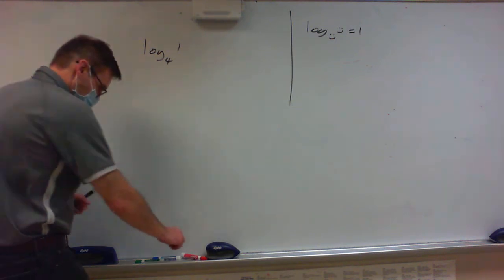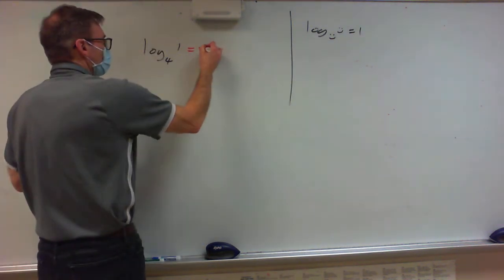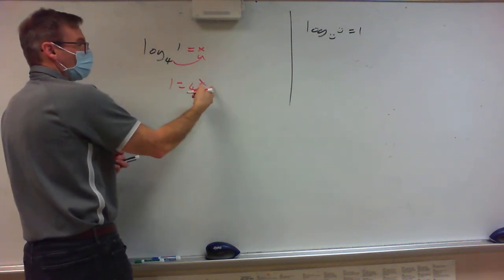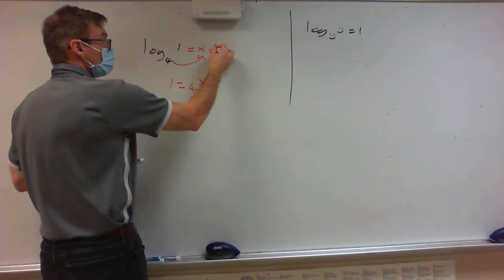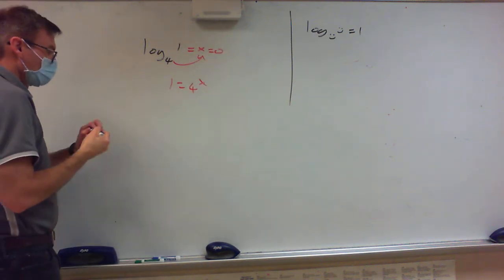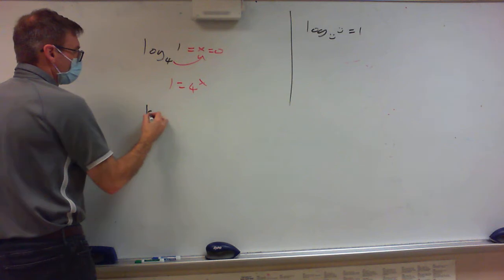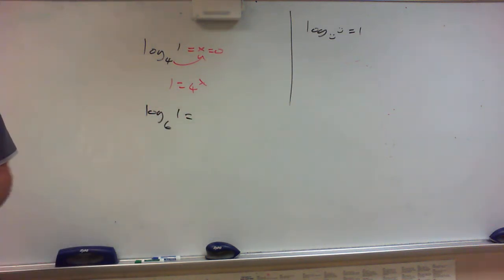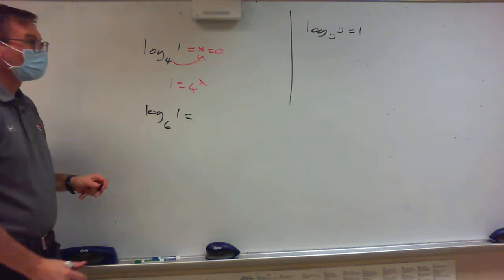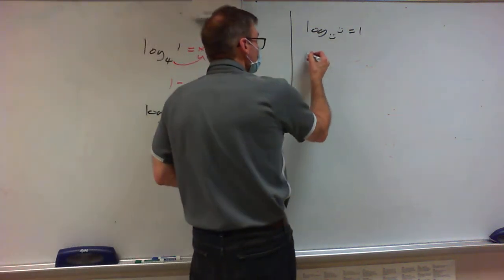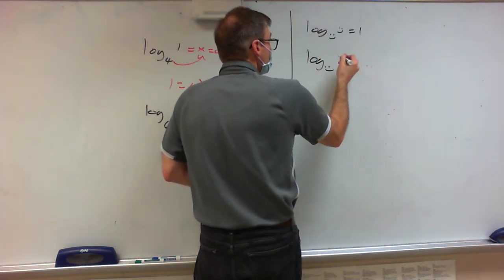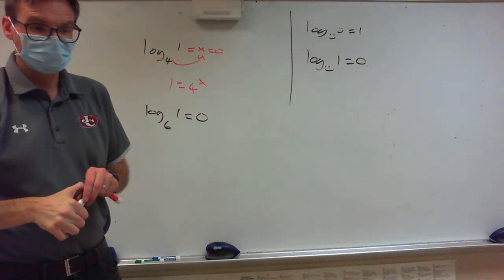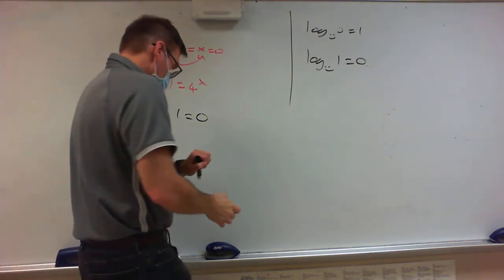All right. So if I set that equal to x, I'm going to do the swoop. 1 is equal to 4 to the x. Well, 4 to what power? The only way that's going to work is if you get 0. And so this equals 0. Well, what if I gave you log base 6 of 1? What's that going to be? That's also going to be a 0. So our next general rule is log base anything of 1 is going to be 0. So far, so good? All right.